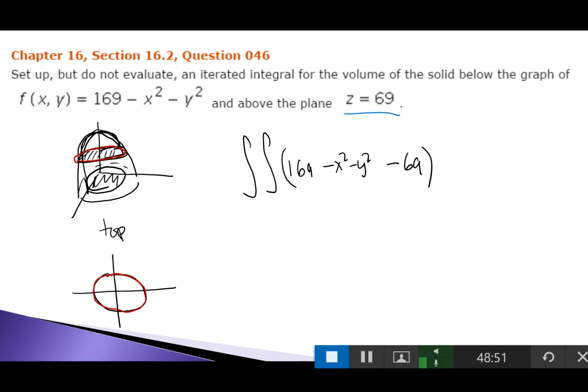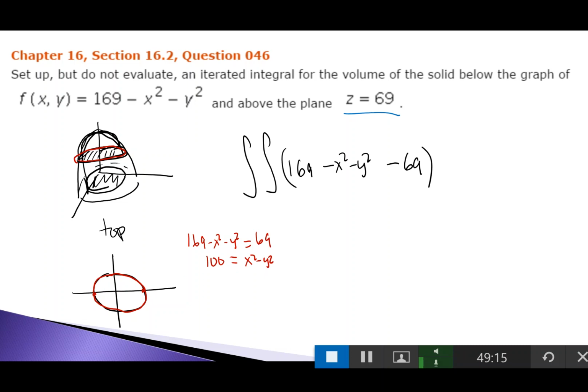So I need to set those two functions equal to find out what that looks like. So 169 minus x squared minus y squared equals 69. And if I add x squared and y squared to each other and subtract 69 from each other, I get 100 equals x squared plus y squared. So this is a circle with radius 10.